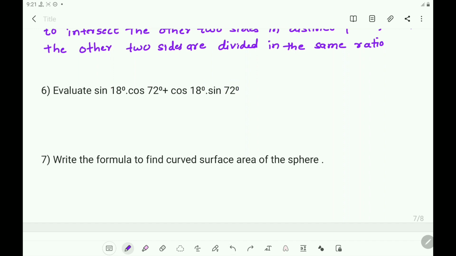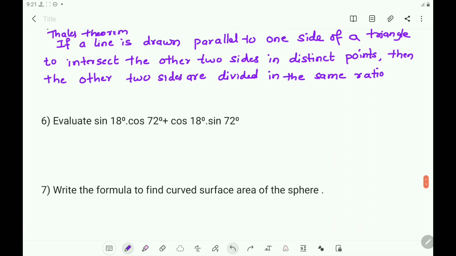So they are complementary angles. 18 degree and 72 degrees are complementary angles, and you know that complementary of sine is cos, complementary of cos is sine. So here you convert 18 degree in terms of 90 minus 72 degree or 72 degree in terms of 90 minus 18 degree in both the cases.